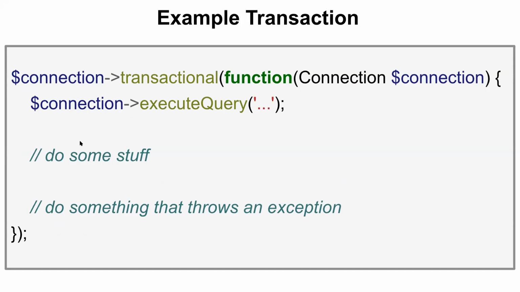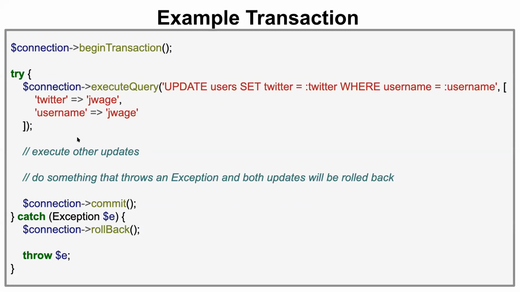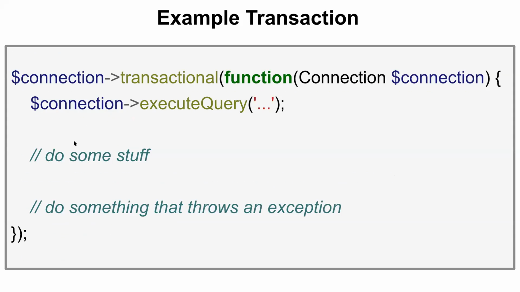So there is actually a method on the connection object called transactional that really mimics exactly what this does, except you can pass in a closure, and if anything inside of this closure throws an exception, anything that happened before that exception will automatically be rolled back.